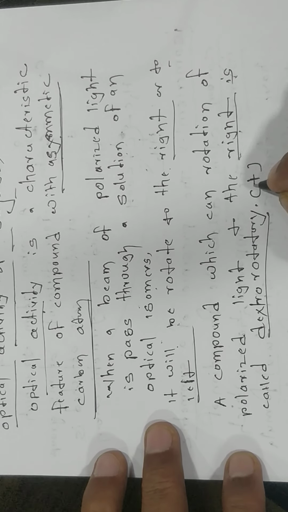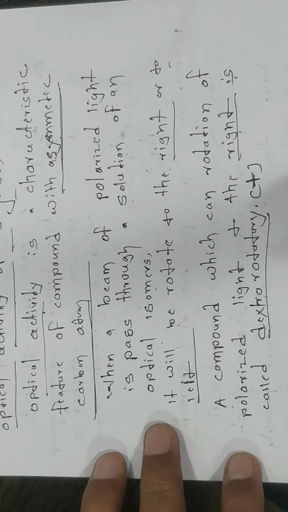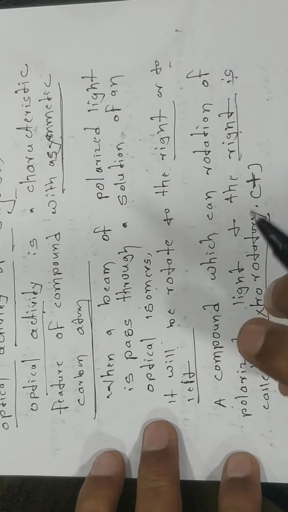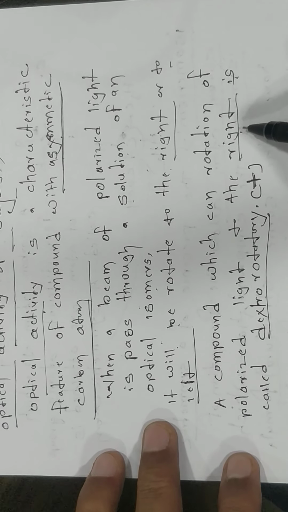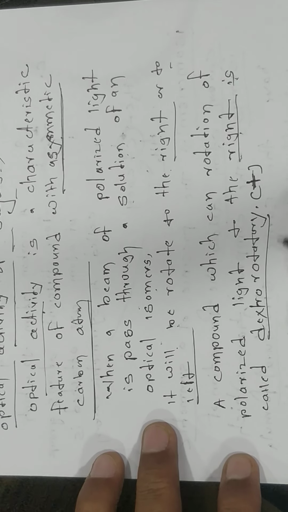Sometimes you can see the clockwise direction. The compound that rotates in the clockwise direction or right side is called dextrorotatory, denoted as a positive sign.